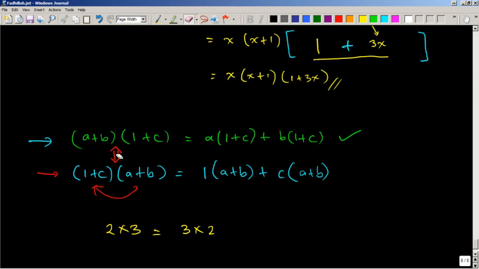Sebenarnya, whatever that is up there and this, they are the same. Hanya order saja different. The result should be the same. Okay. Must be the same. So in other words, A plus B, 1 plus C is equal to 1 plus C, A plus B.